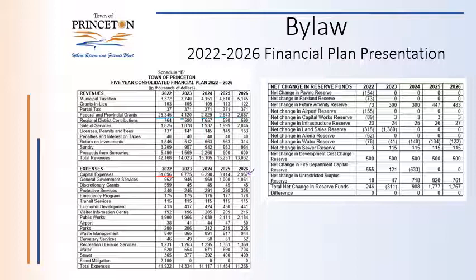Obviously, we're requiring senior levels of government to step up to fulfill the entire capital plan. It's also important to note that when it comes to the capital plan, we often will put every possible capital plan that we wish to accomplish in that current fiscal year. It doesn't come to pass.